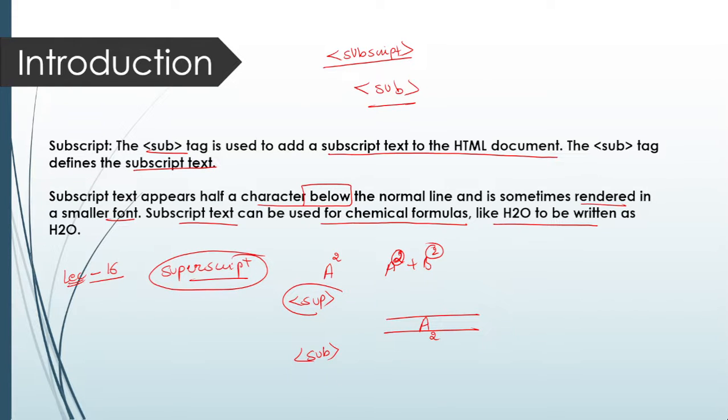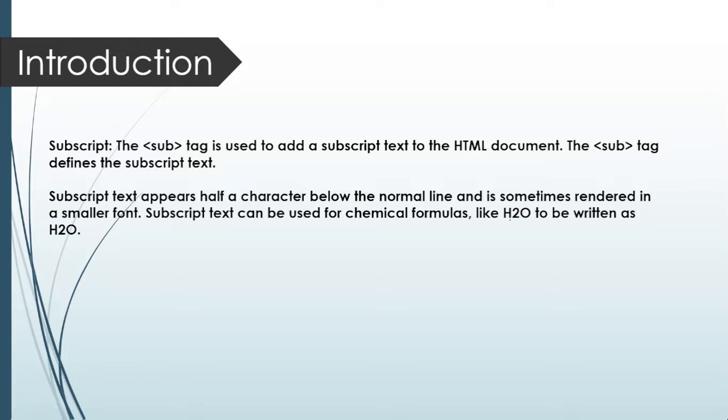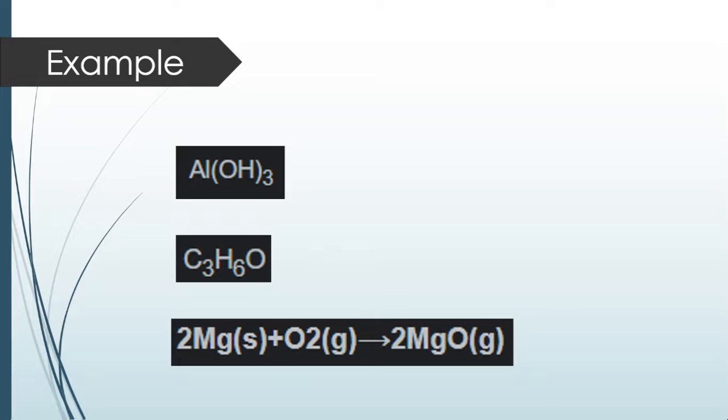For example, as I have told you, H2O. If I want to write it as H2O with the 2 below the line, in this case, we always use the subscript tag. If I want to write a power like a squared, in this case I will use superscript, that means the SUP tag. Okay, so here we have three examples.